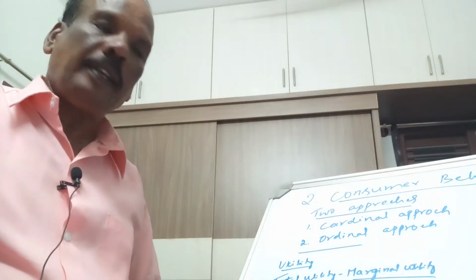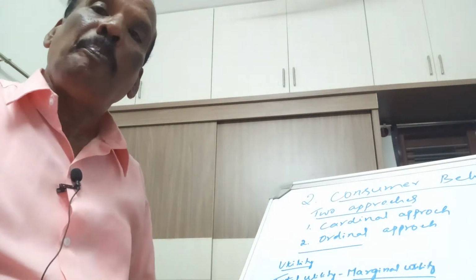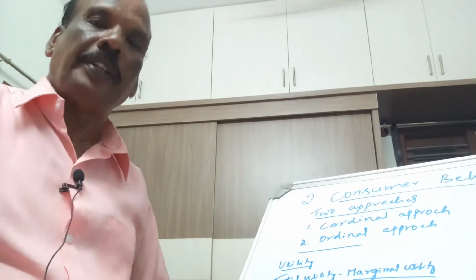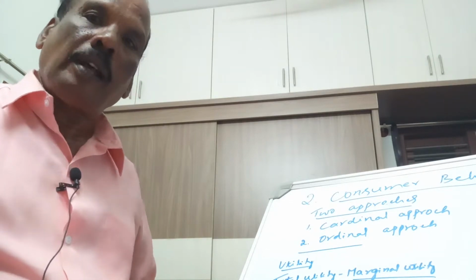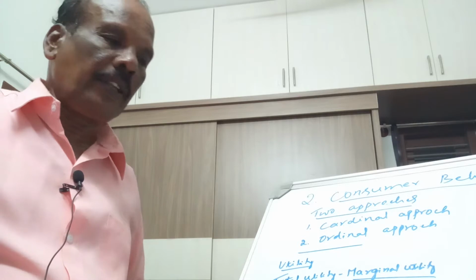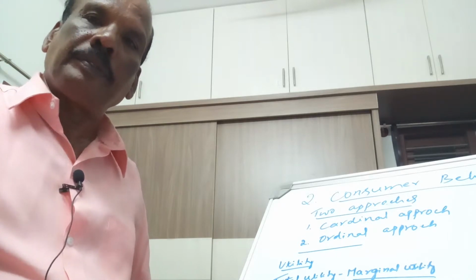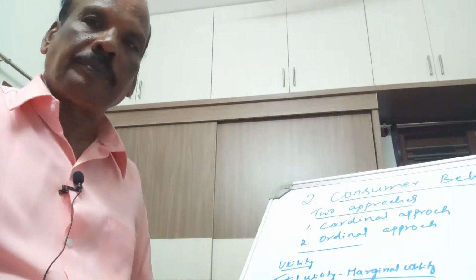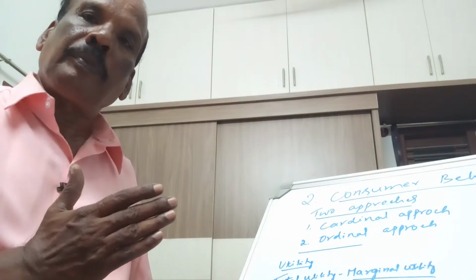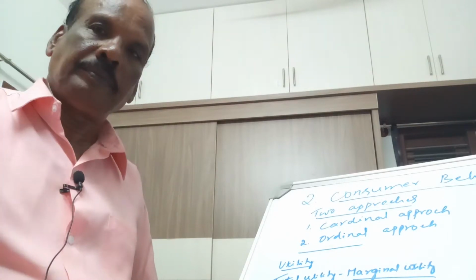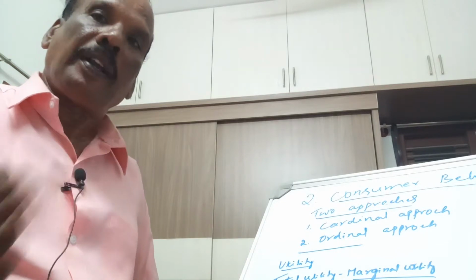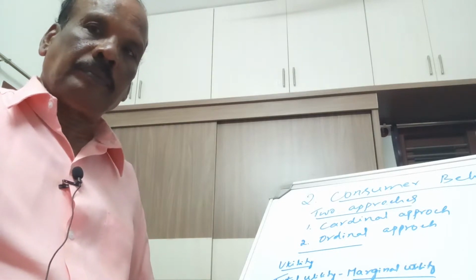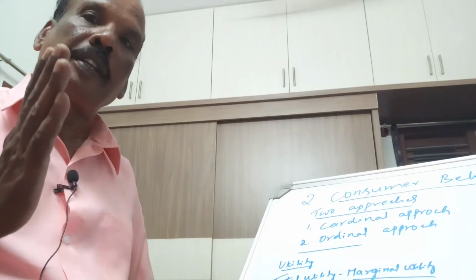Now let's see the differences between total utility and marginal utility. Total utility refers to the summation of marginal utilities. If we add all the marginal utilities, we get the total utility. Total utility goes on increasing till a point where marginal utility becomes zero.